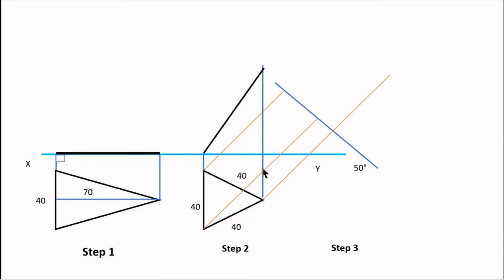This corner point is above, so its distance would be from X to this point in the front view. So I'll get the final view such. Remember, the inclination was taken with respect to this vertical edge which was on the HP. So now we'll move on to the actual problem solving.